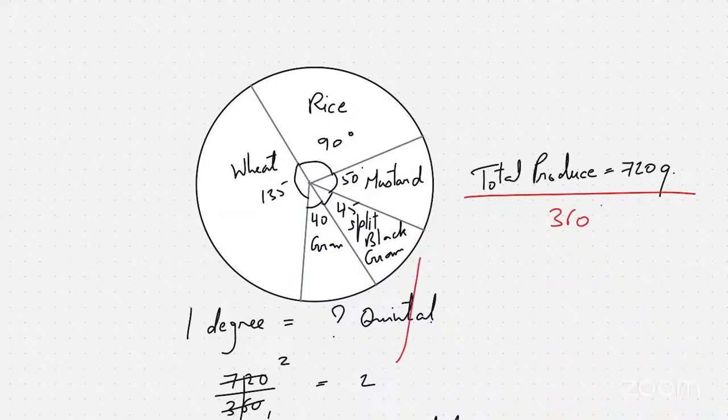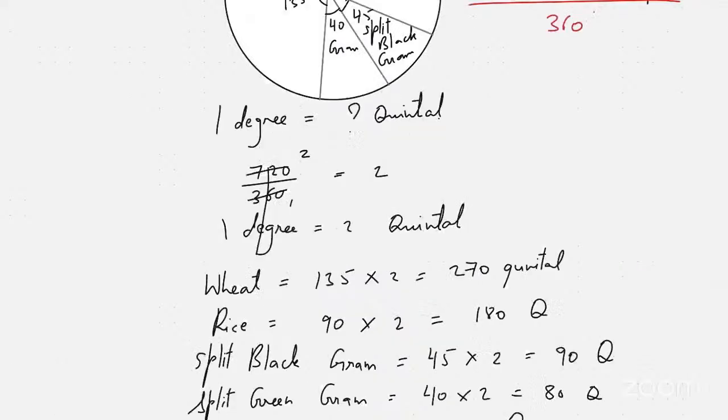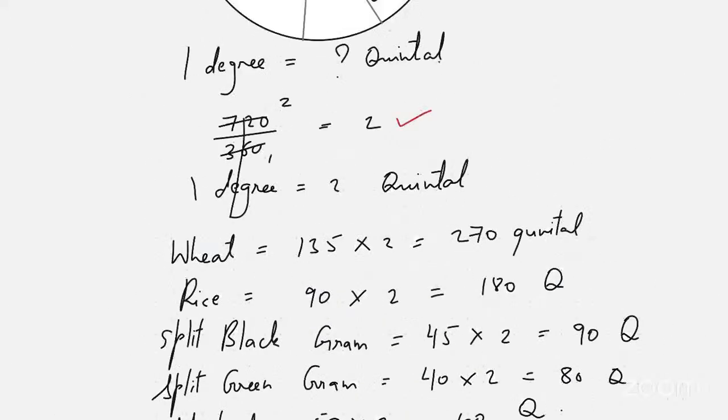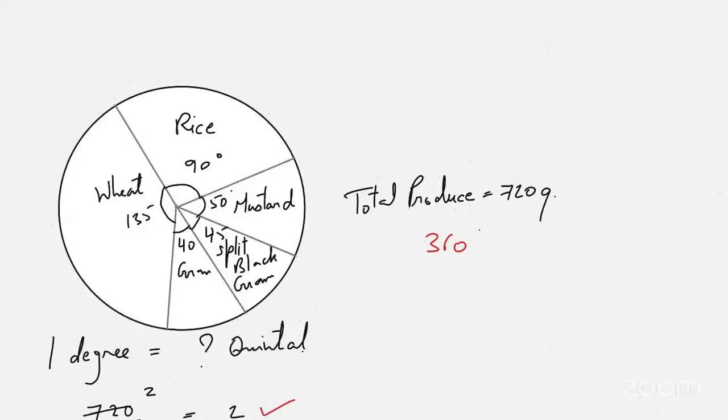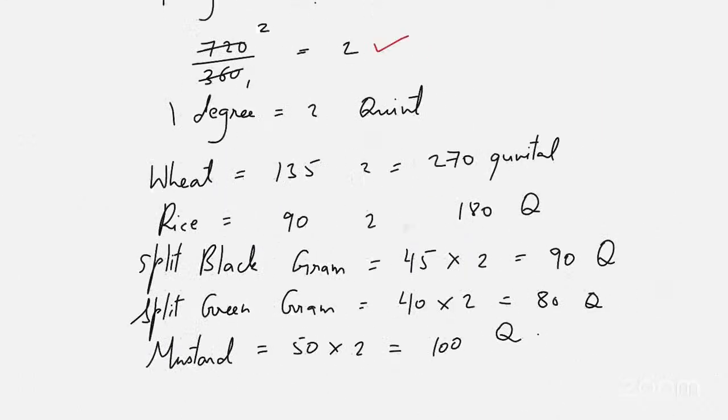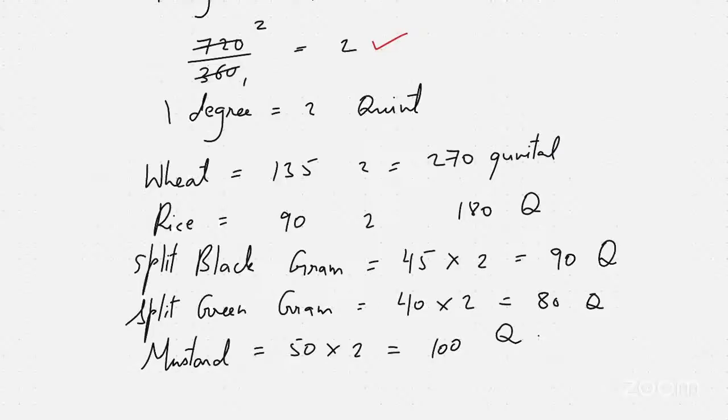Because 1 degree is equal to 2 quintal, 135 degrees is 135 into 2, 270. Rice is 90 into 2, gram 45 into 2. So you divide the total produce, which will be given in the question, by 360. Then whatever you get, you multiply every angle with that. That will give you the produce numbers.